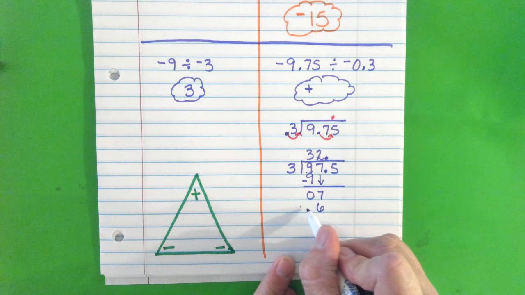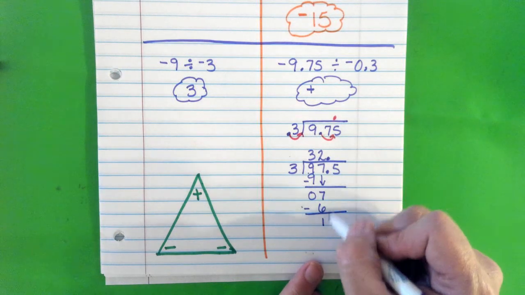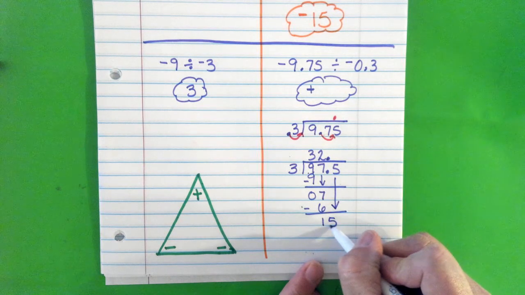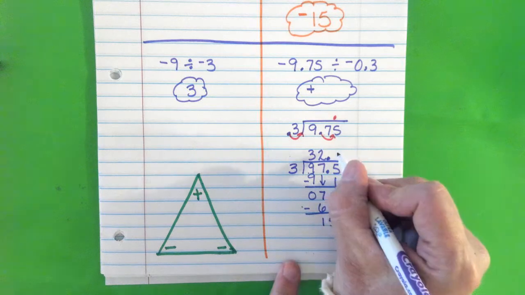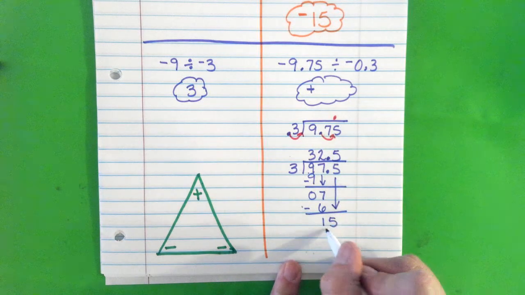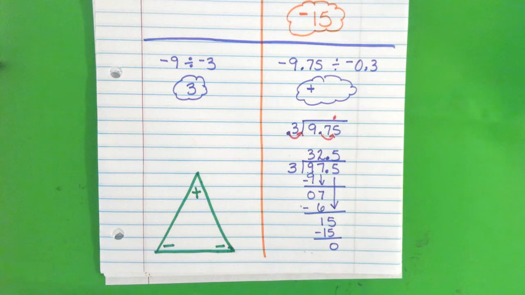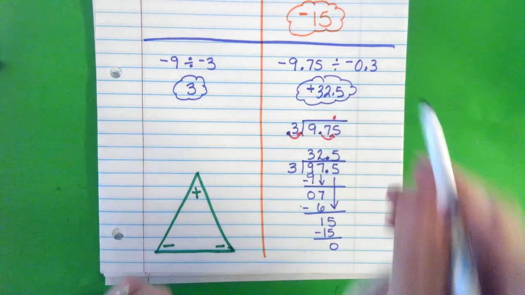What do I have left over? 1. No, the point goes up. The point never comes down. Bring down the 5, though. How many 3's go into 15? 5. And then I have nothing left over. We're done. The final answer, positive 32.5.